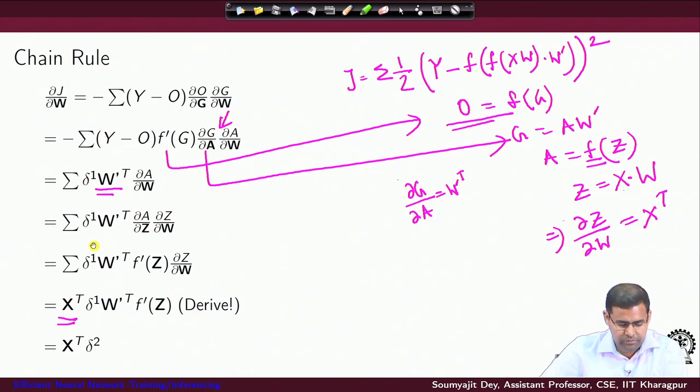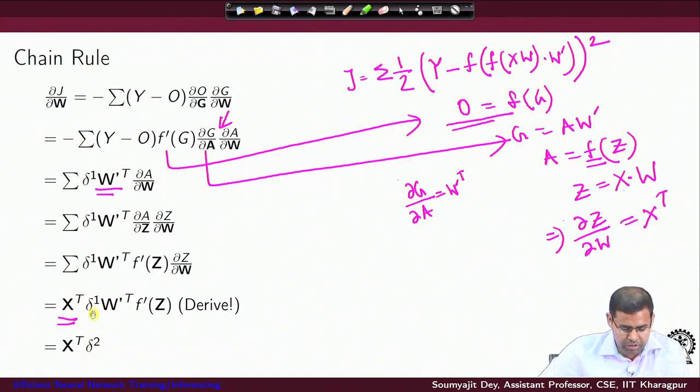So, in that way, when you get this summation minus summation y minus O f prime of G, that reduces to your delta 1. So, you already have it here, and then when you do a del Z del W, that is going to reduce to your x transpose, and this is your final form.